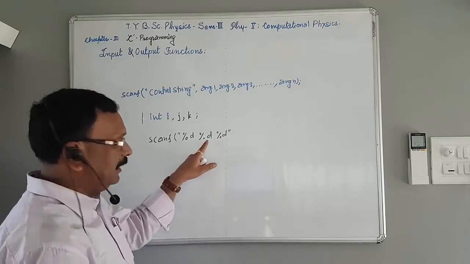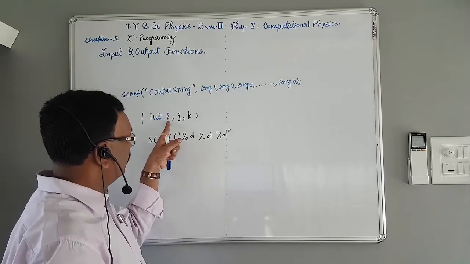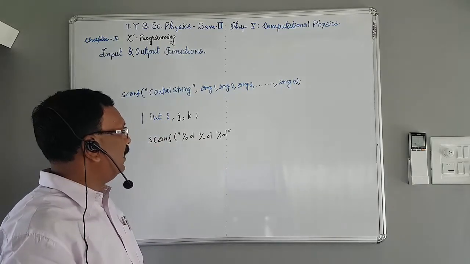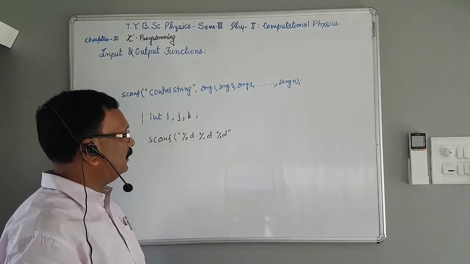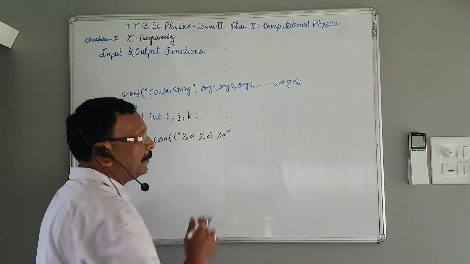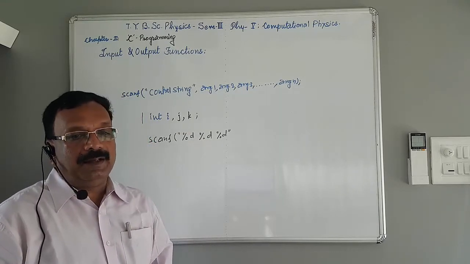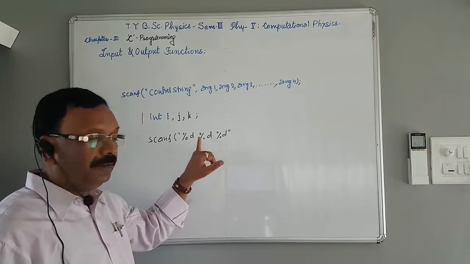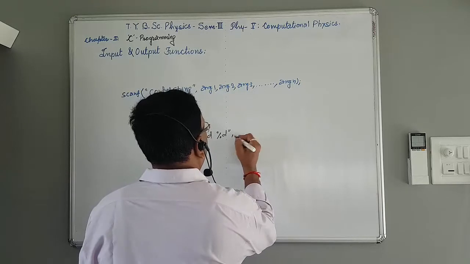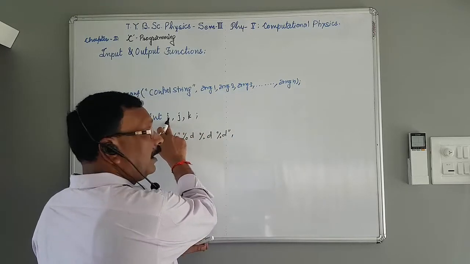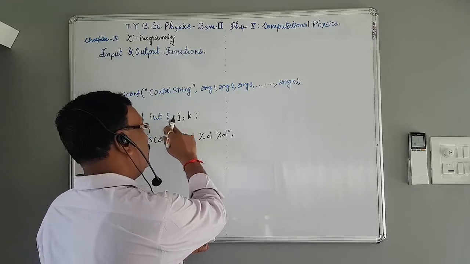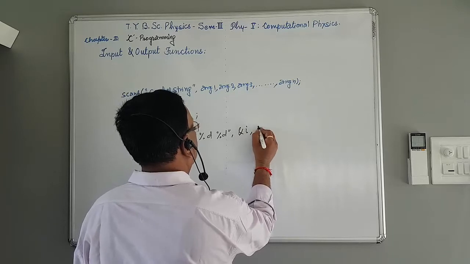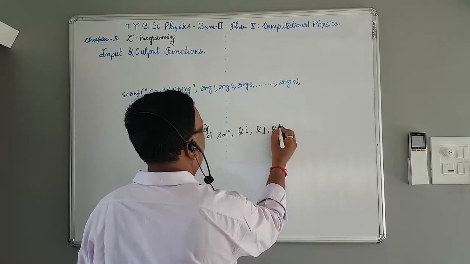There are three %d, each for a single variable. Suppose the first %d is for integer variable i, second is for j, and third one is for k. Note that these control strings are separated by white space. And now we also have to give the address, through the address operator, of the memory location in the memory of the computer, that is &i, &j, &k.